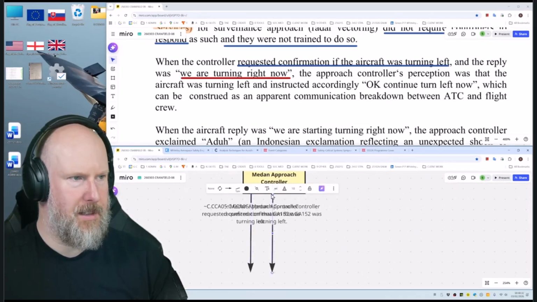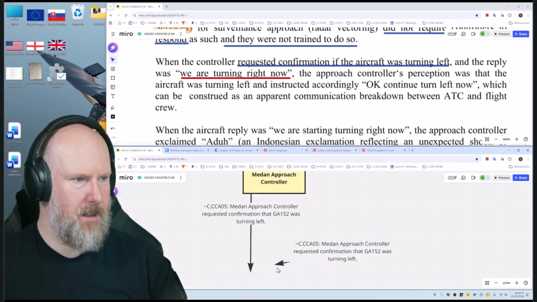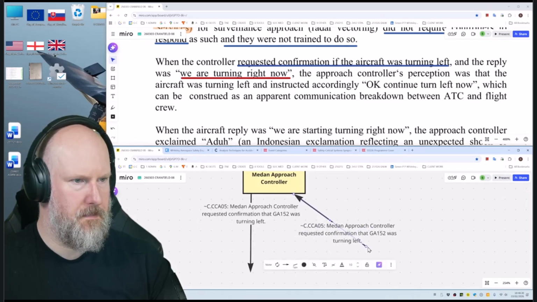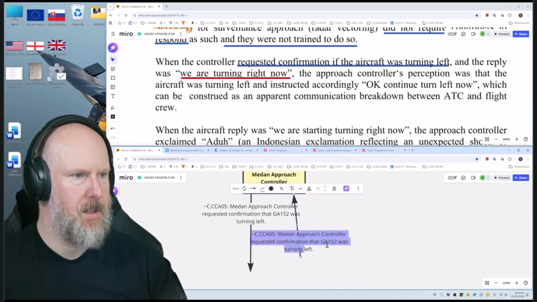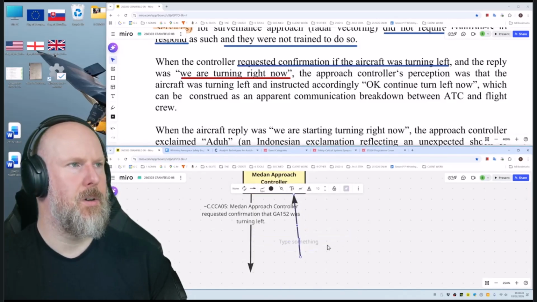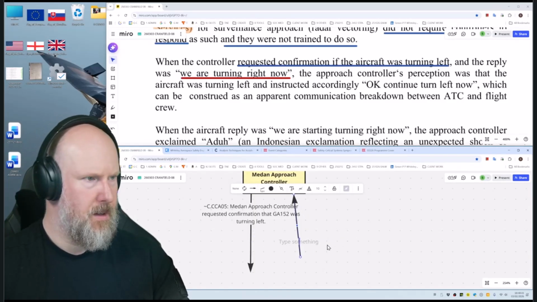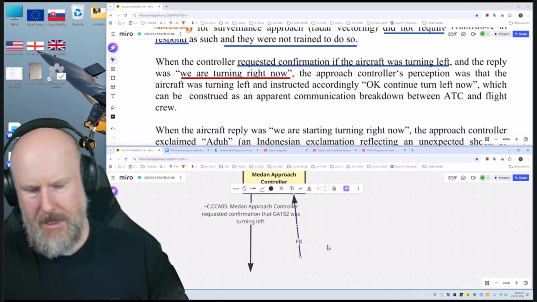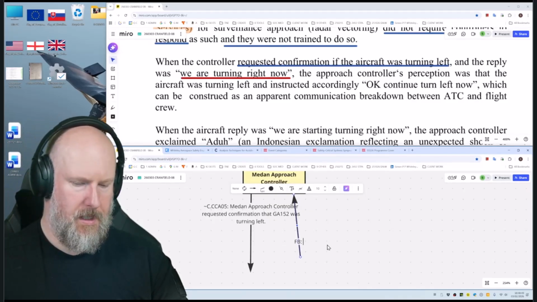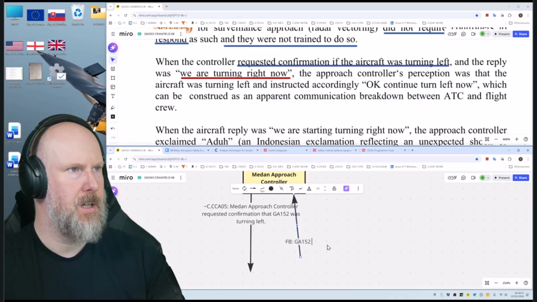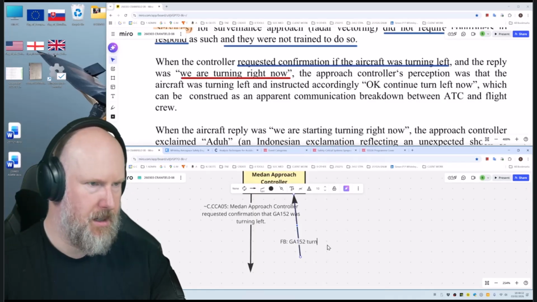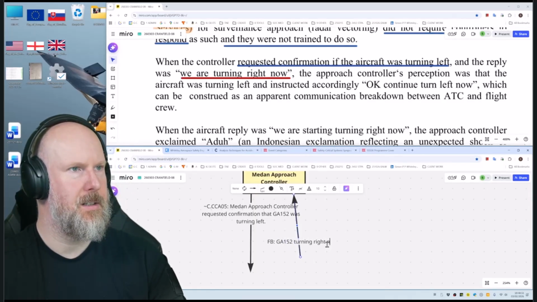The feedback that they received from the aircraft was: GA152 turning right now.